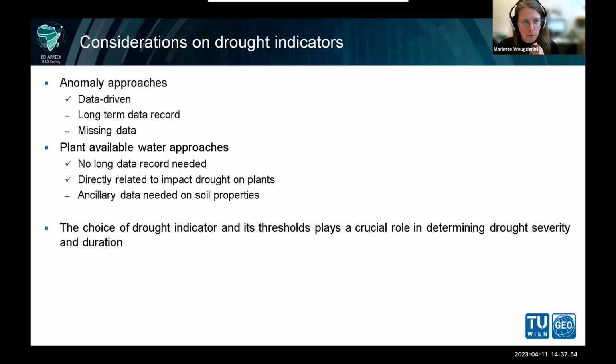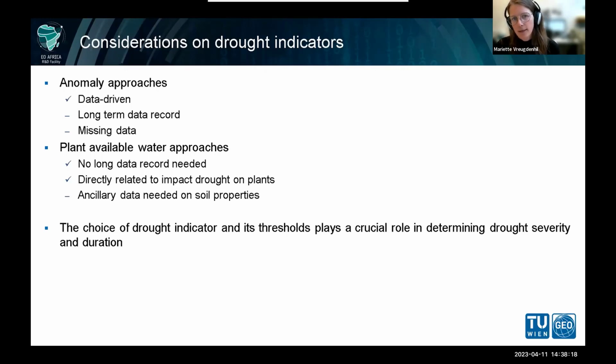The plant available water approaches do not need a long data record. And the other advantage is that they are directly related to the impact of drought on plants, because basically they give us an indication of how much water is really available for the plants to take up. The disadvantage is, of course, that you need ancillary data on soil properties to calculate these plant available water approaches.